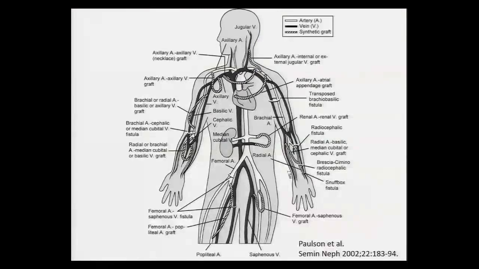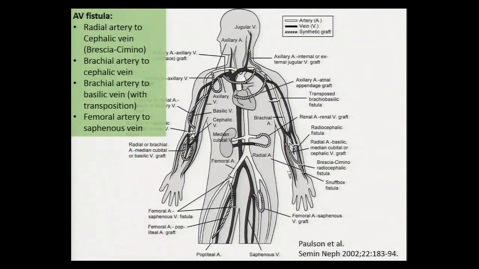Okay, this is a diagram with all possible access sites. Some of them I've never seen, for example, renal artery to renal vein, but just to briefly overview what we commonly do see. For fistula, the radiocephalic fistula in the forearm is typically the first choice, created in the non-dominant arm.